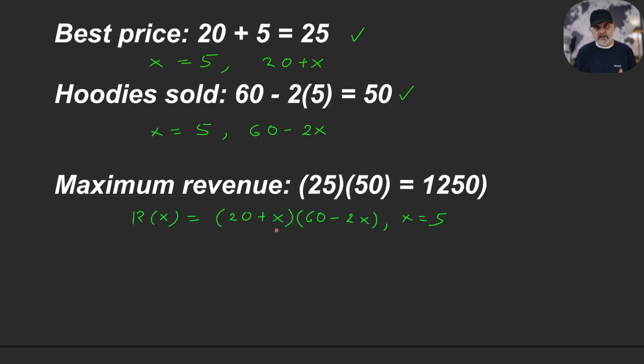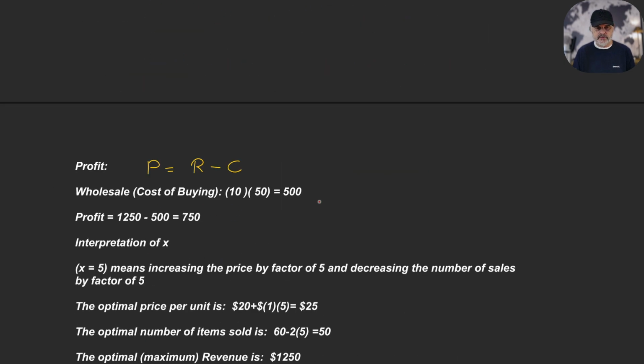So hopefully now you know how to use quadratic functions, whether in standard form or factored form, to find the location of the vertex, which represents the optimum revenue in this particular example.